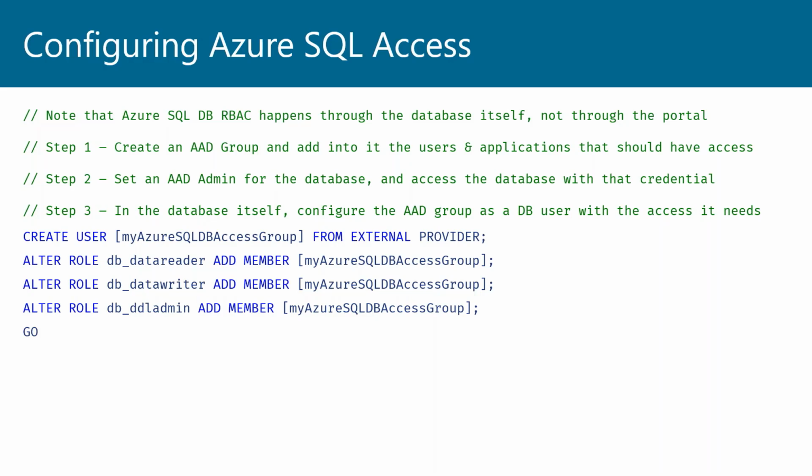In the database itself, configure the Azure Active Directory group as a database user with the access that it needs. In this case, MySQL DB access group is being given reader, writer, and data definition admin permissions. It's pretty widely scoped in this case, but you get the idea: I can then treat that Azure Active Directory group entity as a user within the database and use the database controls to limit what can be done.